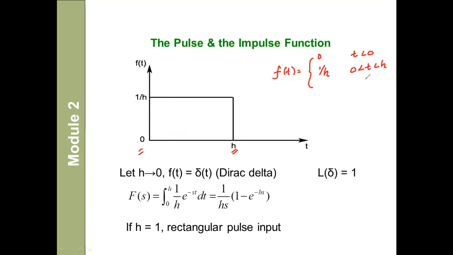What about if the time is greater than h? Beyond h, it still doesn't have any value, because you see here, nothing. So this is the graph of the pulse that you have seen on the previous page.